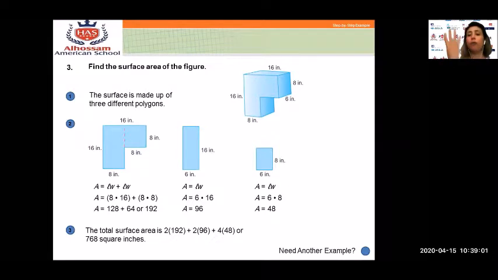If we have 4 faces, we will multiply the area by 4. If we have 2 faces, we multiply the area by 2, and so on. Okay, guys? And then at the end, we have to add them all together.